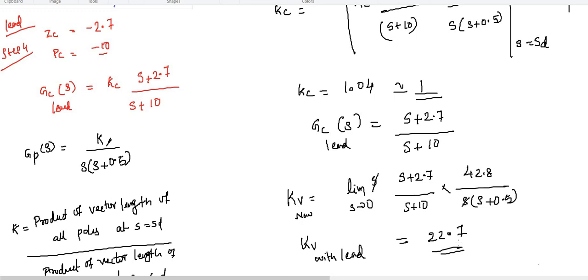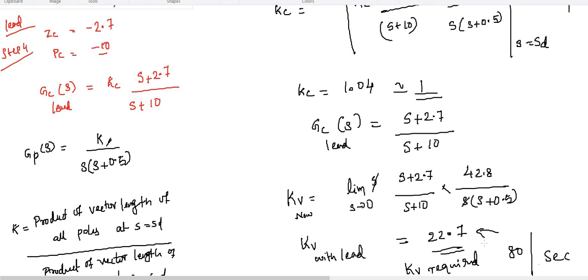What is our required steady state velocity error constant? Our required value is 80 per second, but we only got 22.7. That means the steady state error specifications are not satisfied by designing a lead compensator.